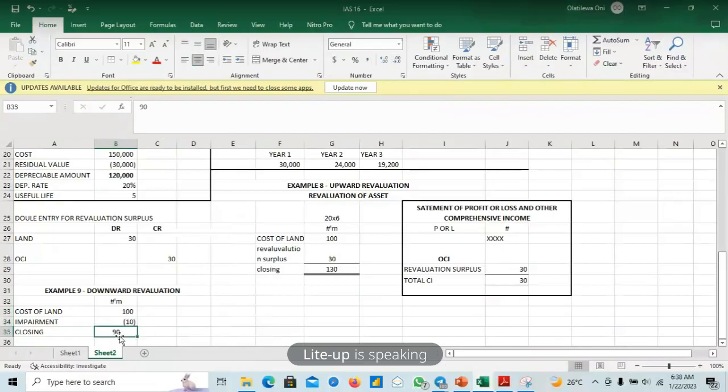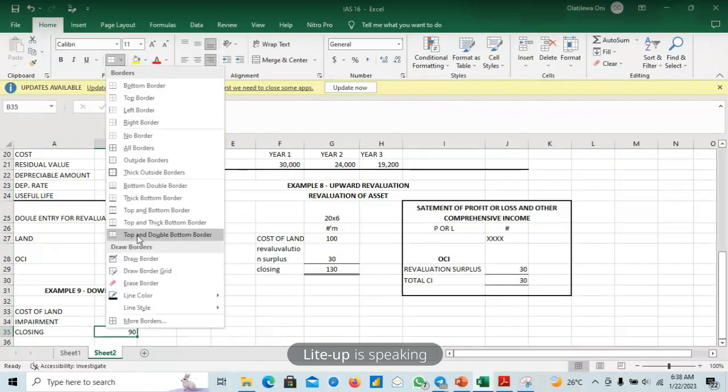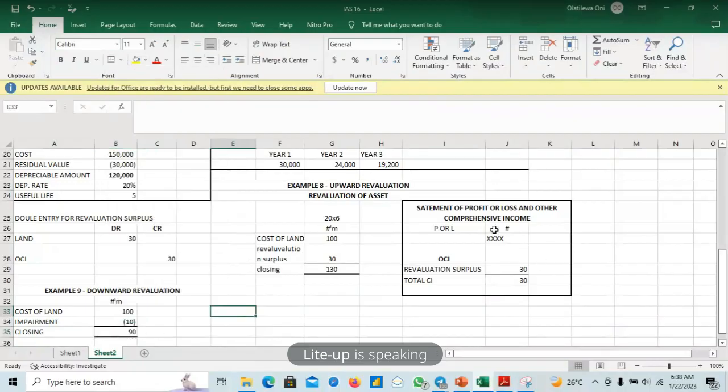But impairment is treated under the statement of profit or loss if it is happening for the first time. I will explain later what I mean by happening for the first time.